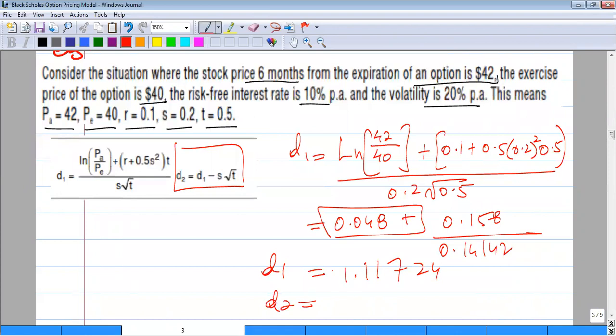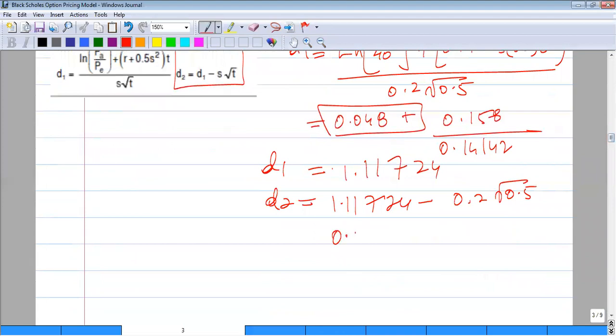D2 is D1, which is 1.11724, minus 0.2 under root 0.5. So you end up getting D2 as 0.9758.